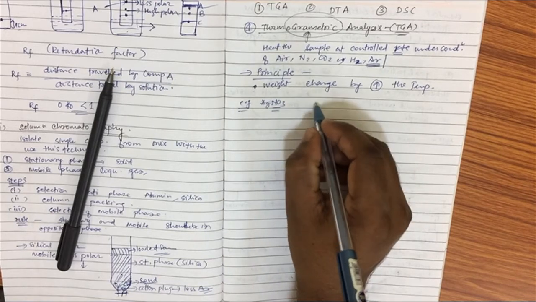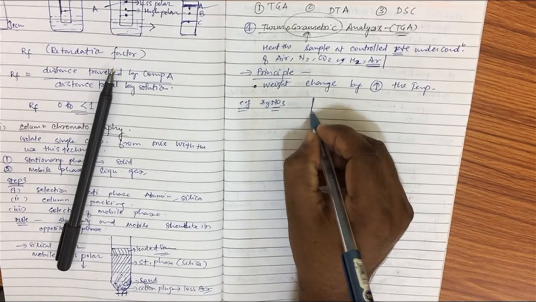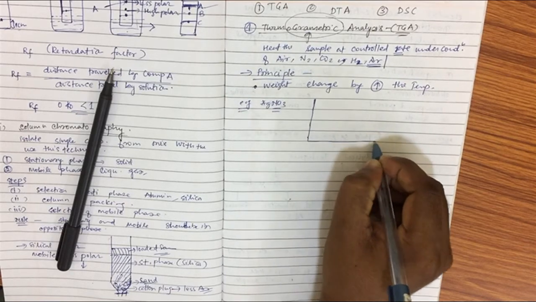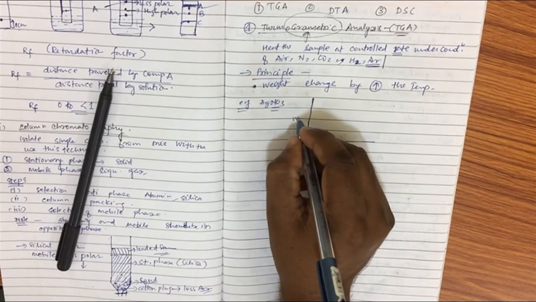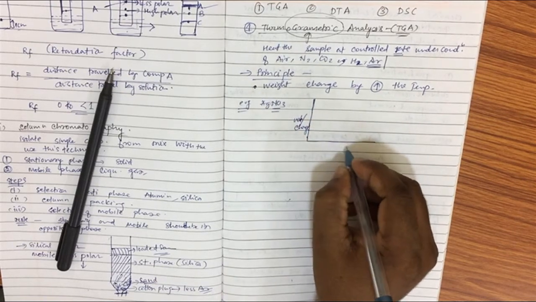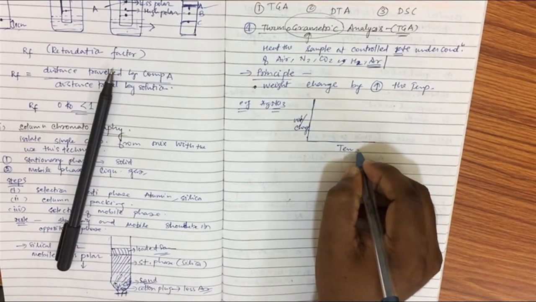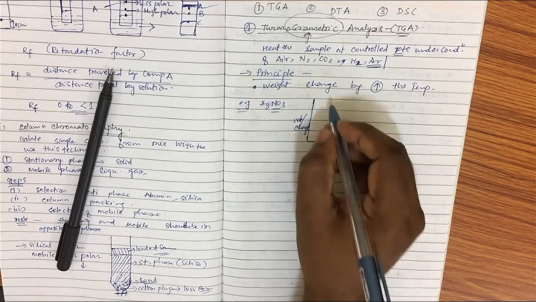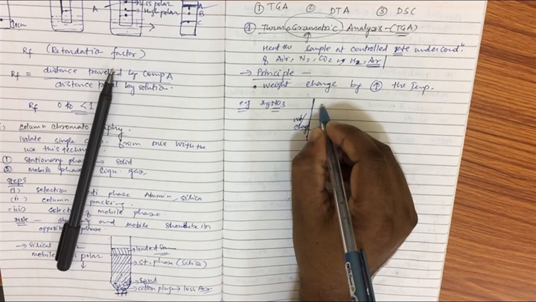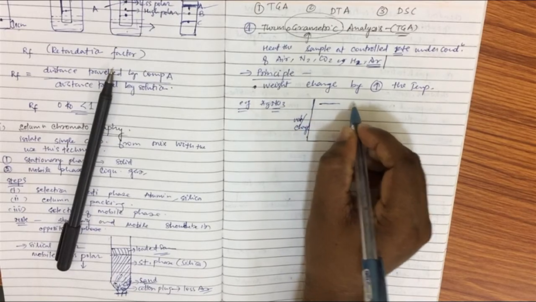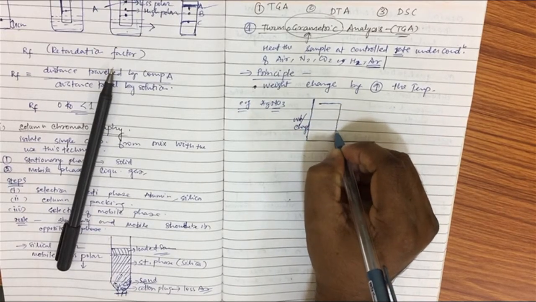If we see the plot of silver nitrate, weight change versus temperature, it will come like this.